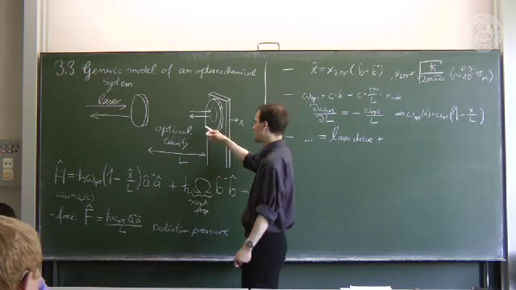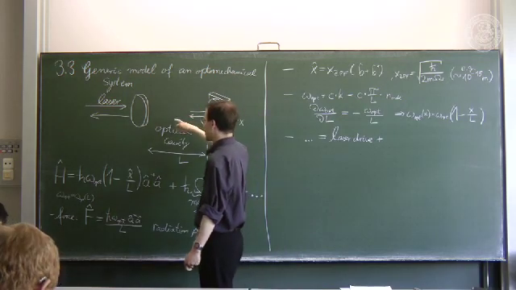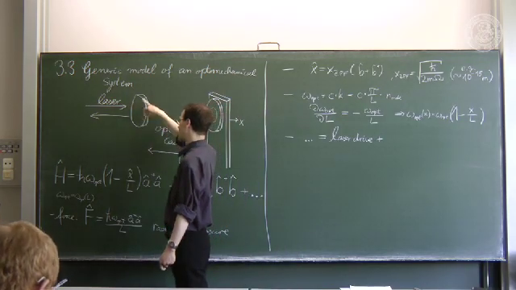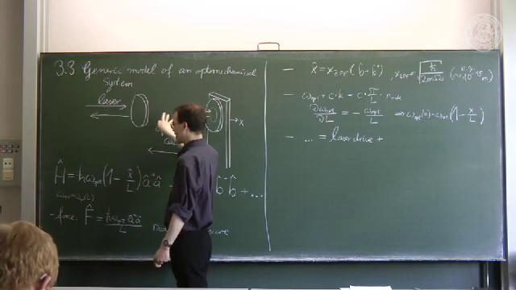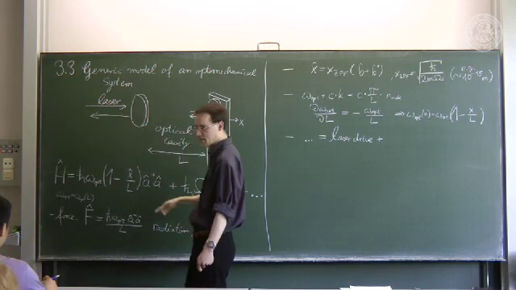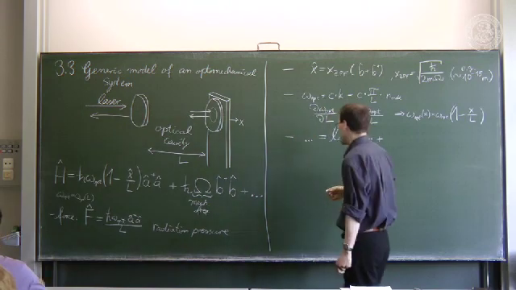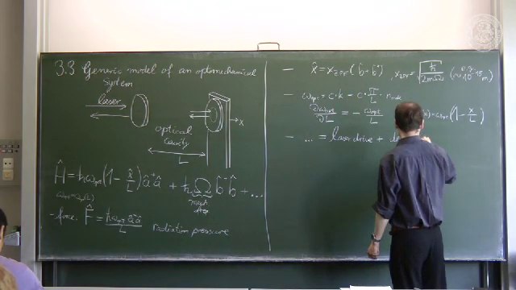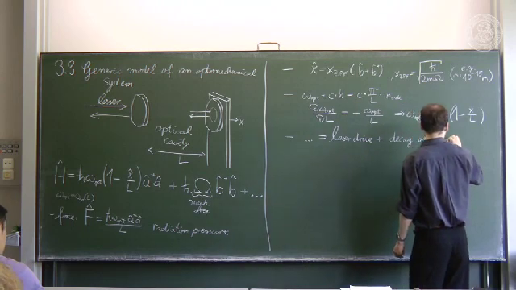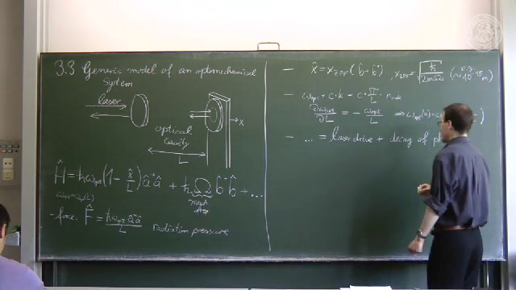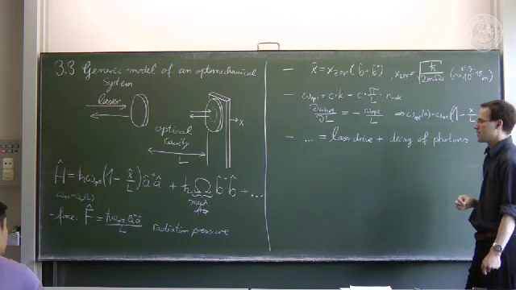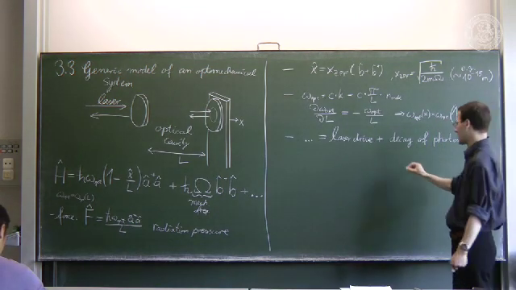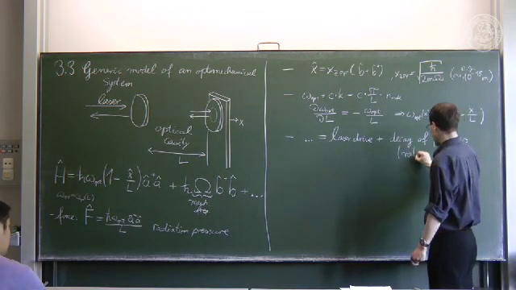So for example, the photons inside the optical cavity, they couple to the outside world through this partially reflecting mirror. So there is some decay rate at which they decay out of the cavity, and that would have to be taken into account. And that is determined by the rate kappa at which they would leak out of the cavity.